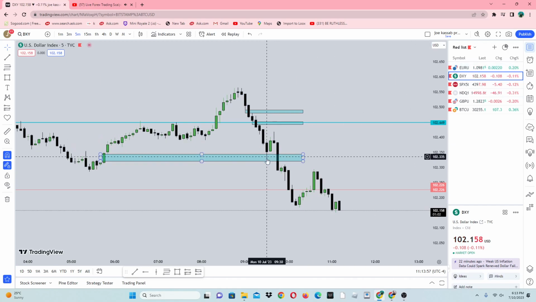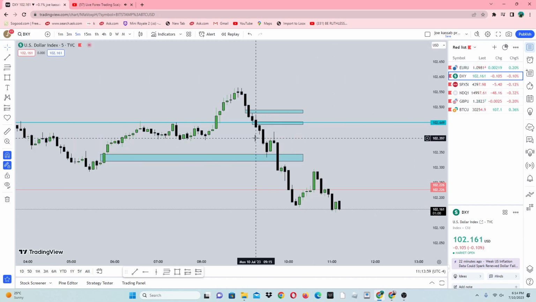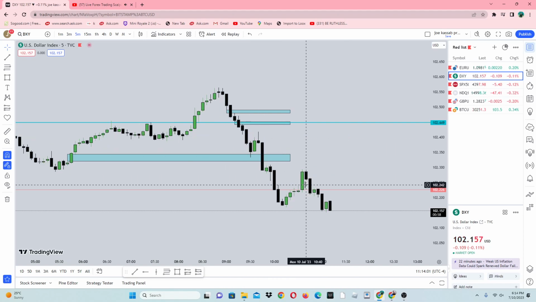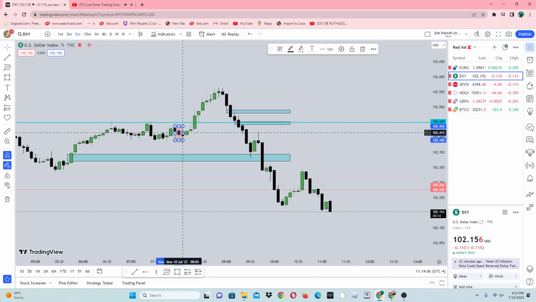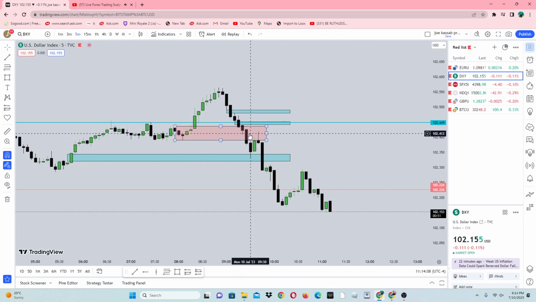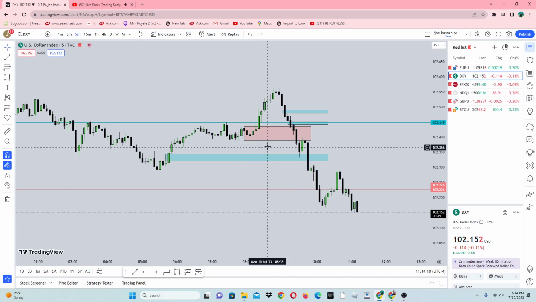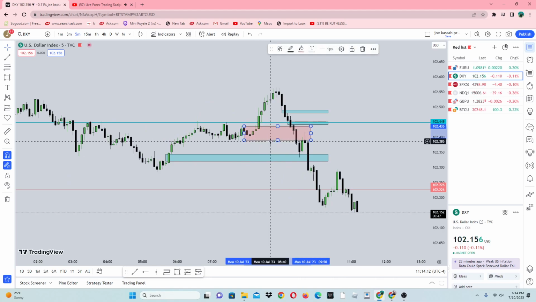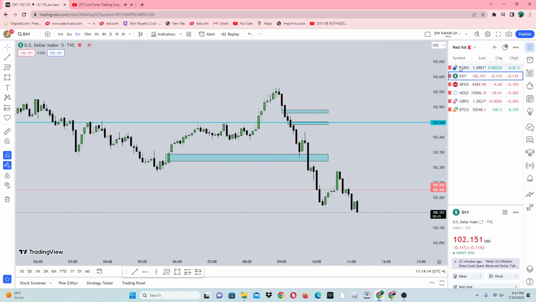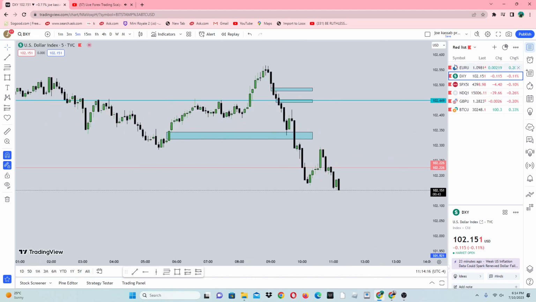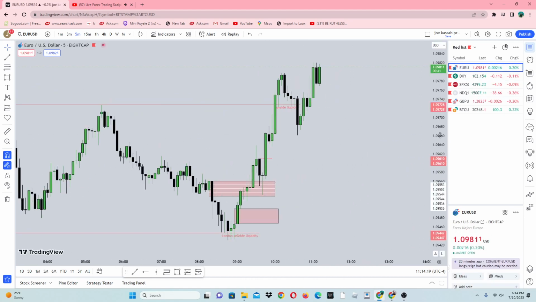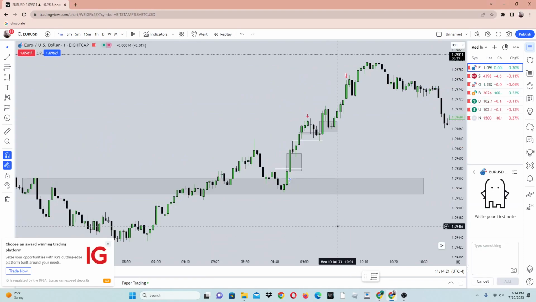But as you can see, we didn't have much retracement on DXY. We had this breaker right here, respected, okay, 50%, and a sell-off. So I was watching both markets and seeing what is happening, and in my opinion, it was a beautiful trade.